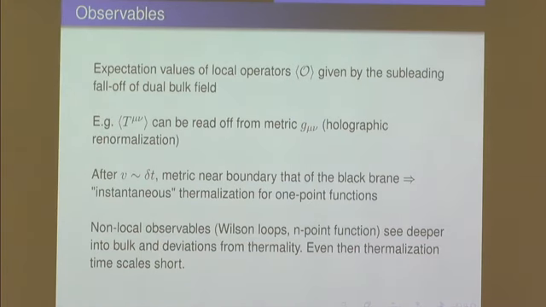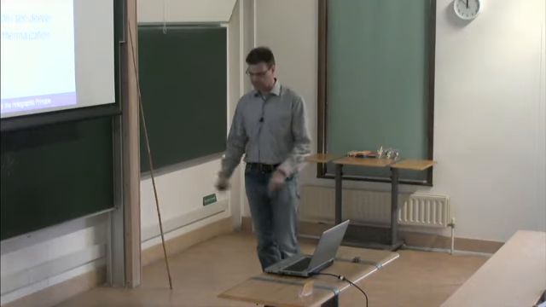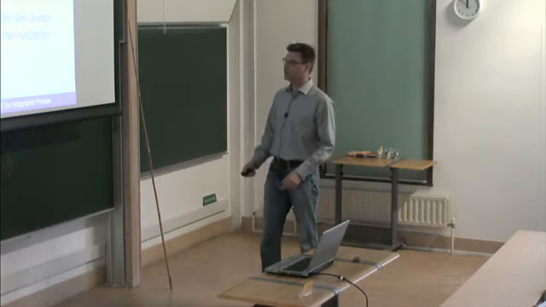But in fact, the system is not completely instantly thermal, because if you take some other observables, like an expectation value of a non-local operator, such as a Wilson loop, or if you look at two-point or higher-point functions, then for these computations you need information from deeper in the bulk.